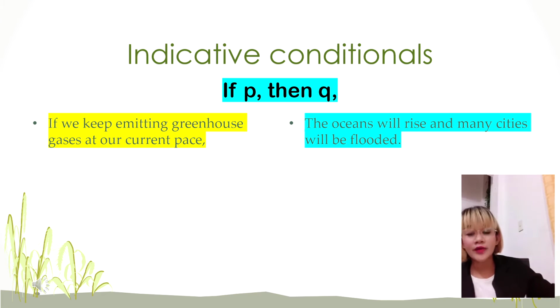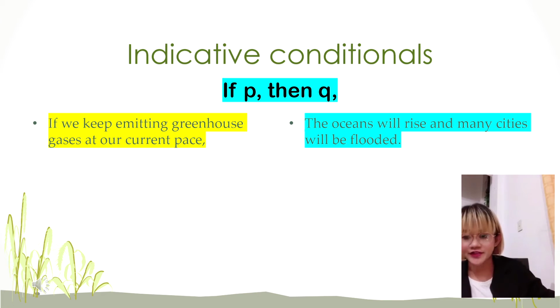Now for our discussion, we'll focus on indicative conditionals. Indicative conditionals are sentences in the form of if P, then Q, or a condition followed by the result. They are everywhere. We hear them in everyday conversation, in political or legal debates, or scientific discourse.